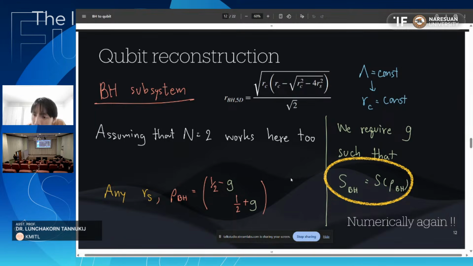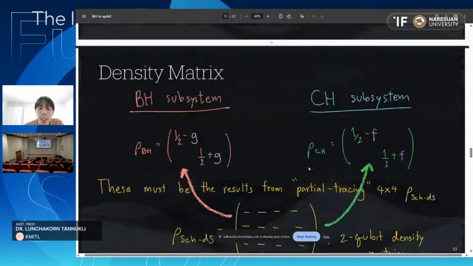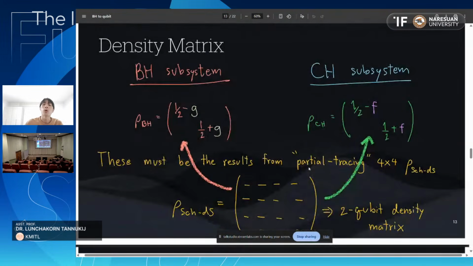Once we do that, we end up with the density matrix for the BH and the density matrix for CH, given by different functions, a G and an F.